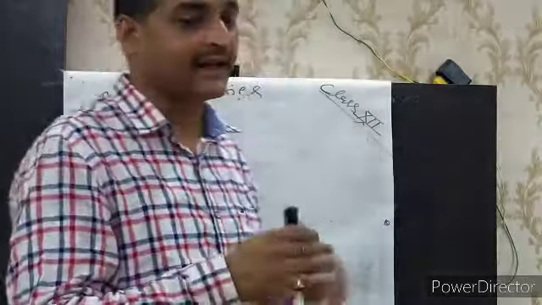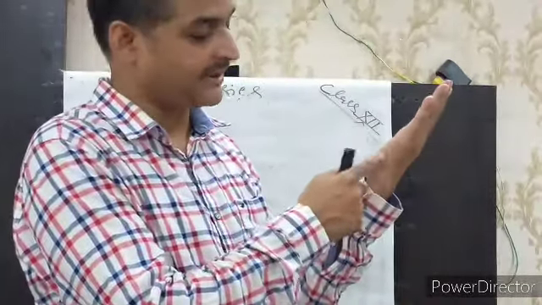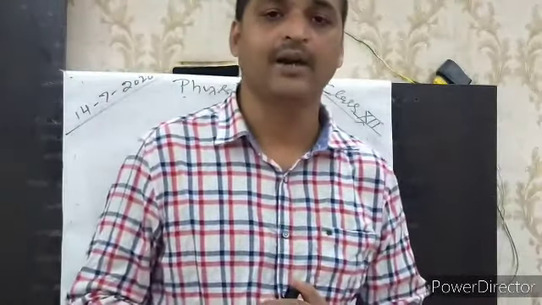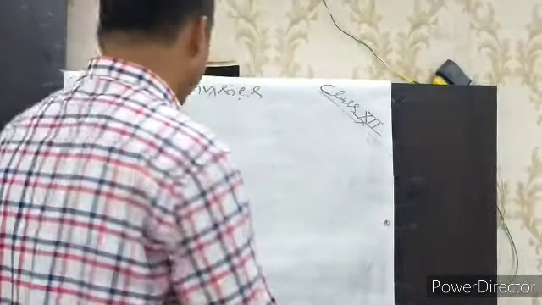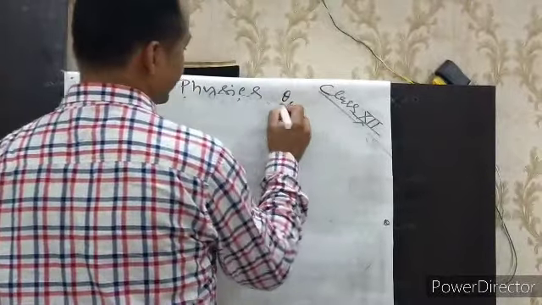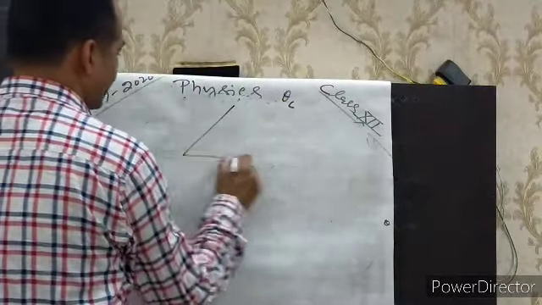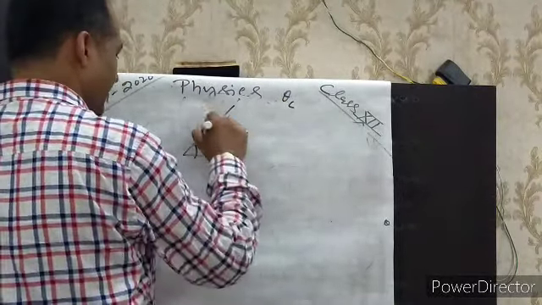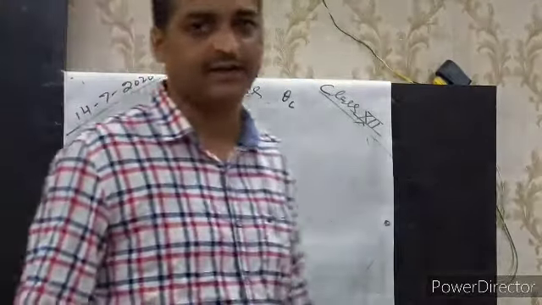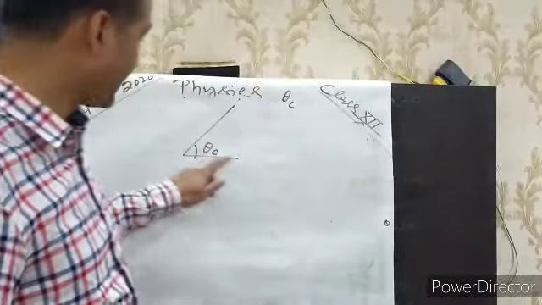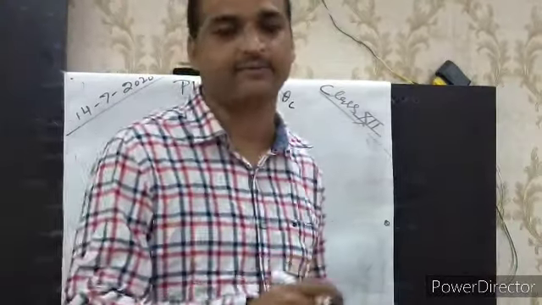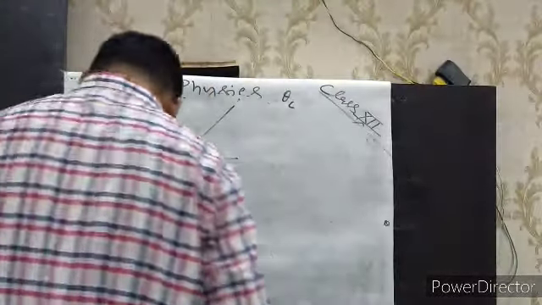It is not moving, not moving, now it moves. That is the minimum angle of inclination at which the body just begins to slide, called the angle of repose. Angle of repose is represented by theta c, the critical angle. So this is called theta c if the body is just about to slide but not sliding. When the angle theta is greater than theta c, then only it will move. Is it clear? So this is called angle of repose.